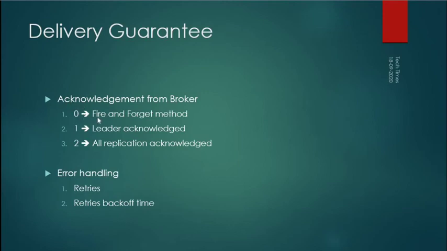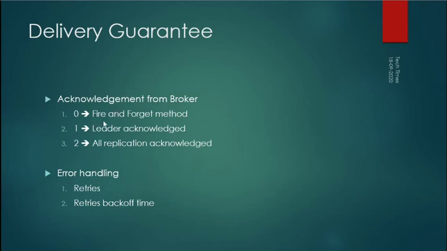When we set it to 0, it will publish that record and keep publishing. It won't wait for an acknowledgement from the broker. This is not the default. So we can set it to 0, but we won't receive any acknowledgement. If any published record has failed, we won't know whether it was published successfully or not. So there is a risk involved in this.